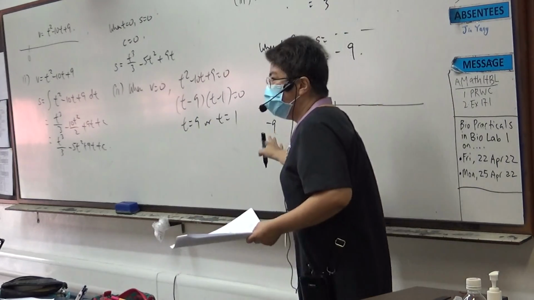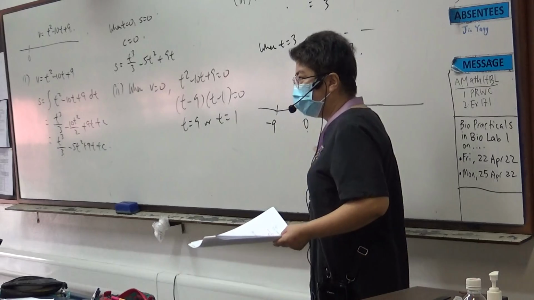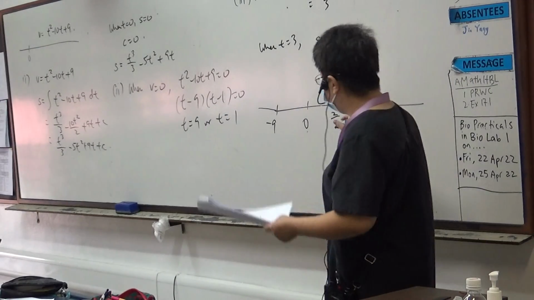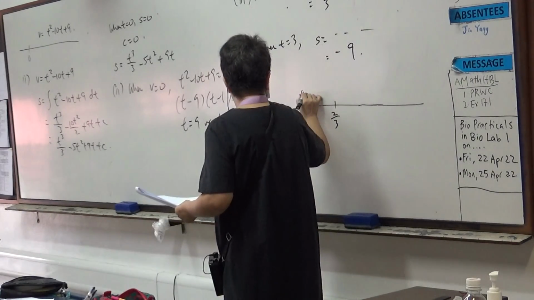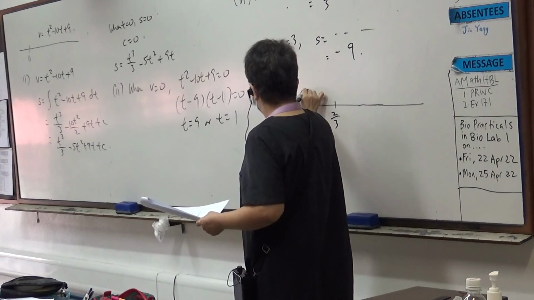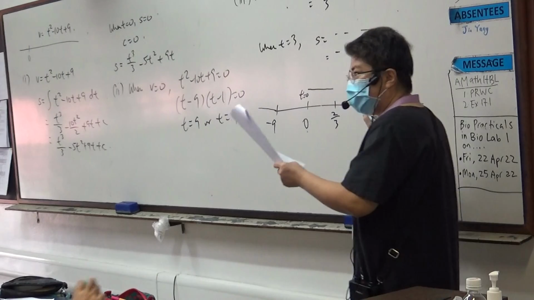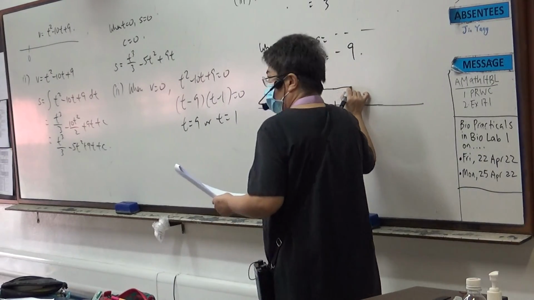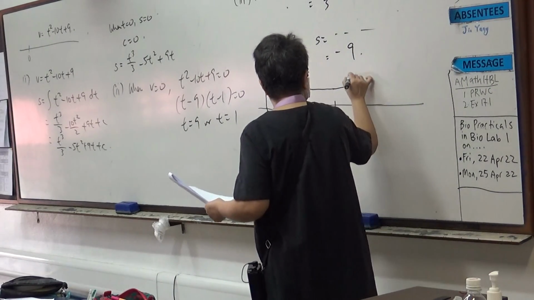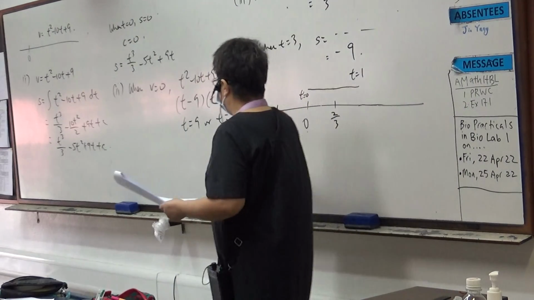I'm not in proportion here. I'm just sketching. Can you see? Okay, now, first of all, when t is 0, it will move right. Until where? Until further than this, right? Until when t equals 1.